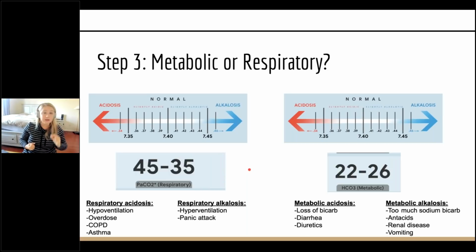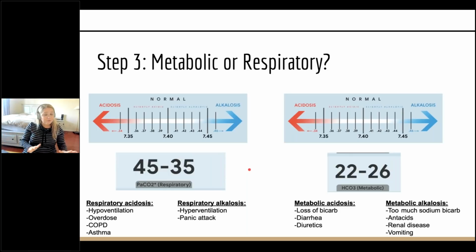Vomiting can cause a metabolic alkalosis or an NG tube going to suction. With either of these, we're pulling out all of that gastric content. Our gastric content is very acidotic. It has that hydrochloric acid, so we're getting rid of that. We have too much bicarb, and we might get this metabolic alkalosis.